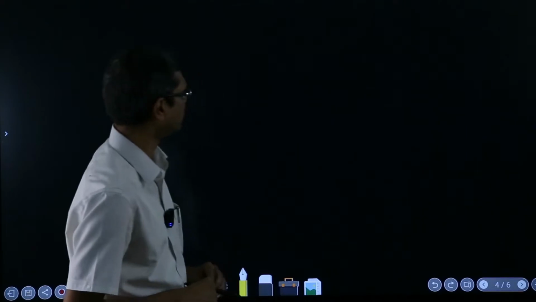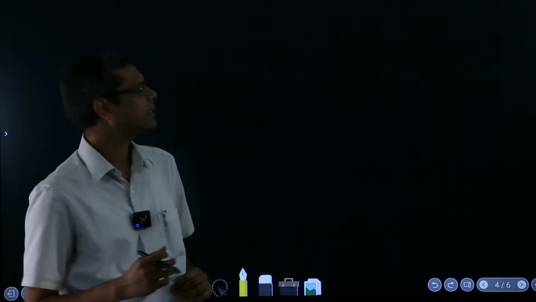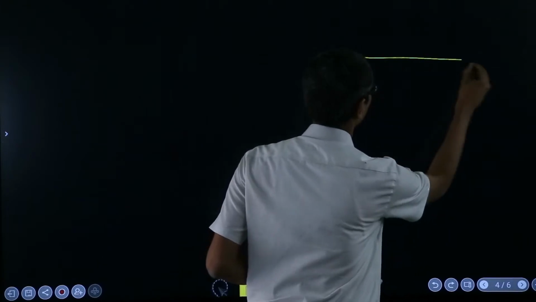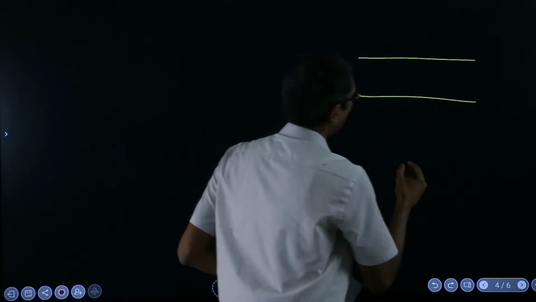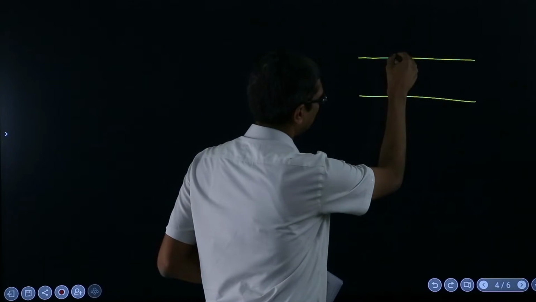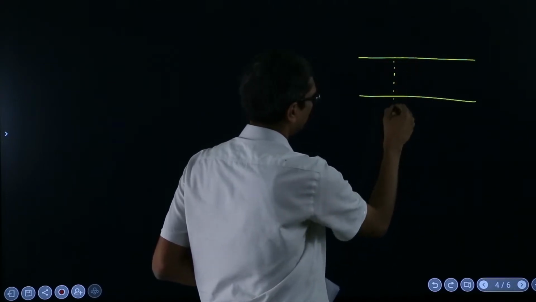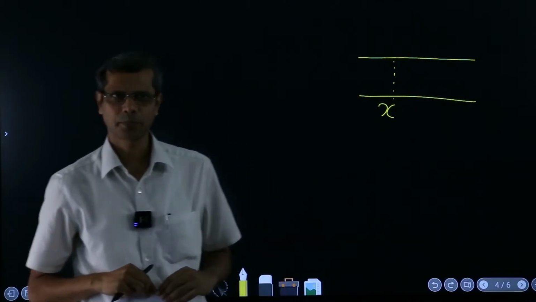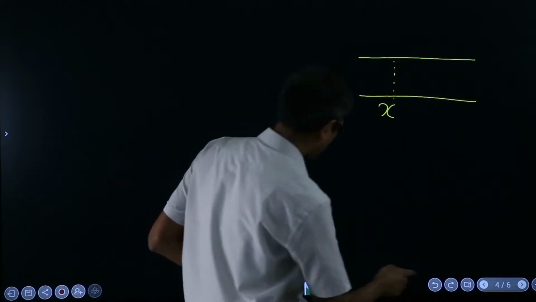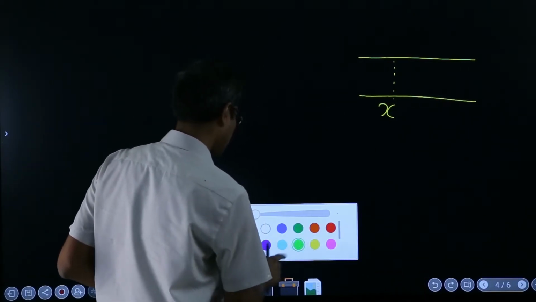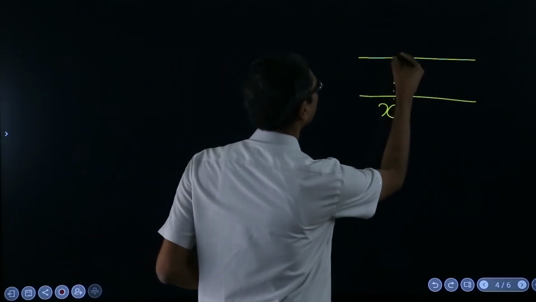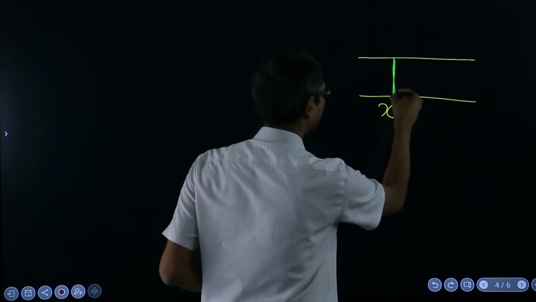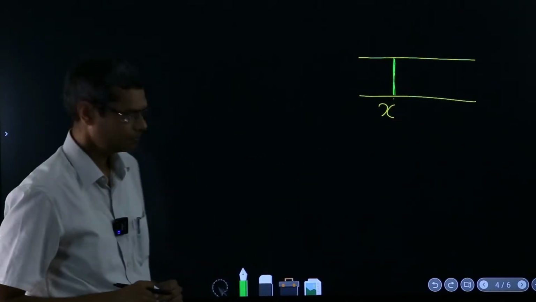Now, for the first one, let's say we are talking about a plane which was at x. Okay, let's say this is the green plane. You think that all those molecules were colored green, they were at x.